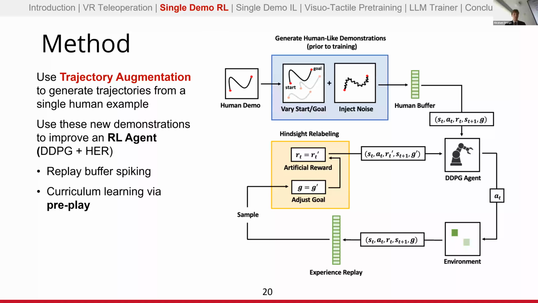Yeah. So the reason we chose to throw away the failures is because we specifically created a separate replay buffer for the human demonstrations and always pulled 25% of the time from that. So here you can see we have our typical experience replay buffer, and then we have our human buffer. If we were to directly dump the data into the experience replay buffer, I think using the failures as well would be very useful.